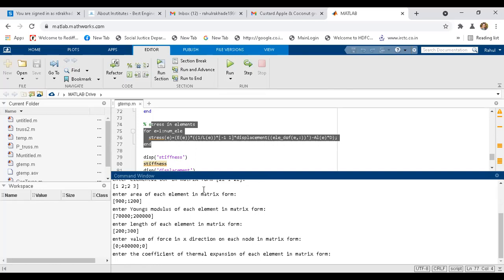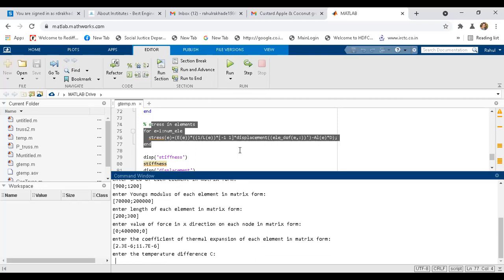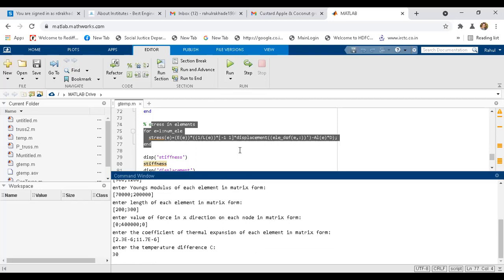Enter the coefficient of thermal expansion: 2.3 times 10 raised to power -6 semicolon, 11.7 e raised to power -6. Temperature difference 30.